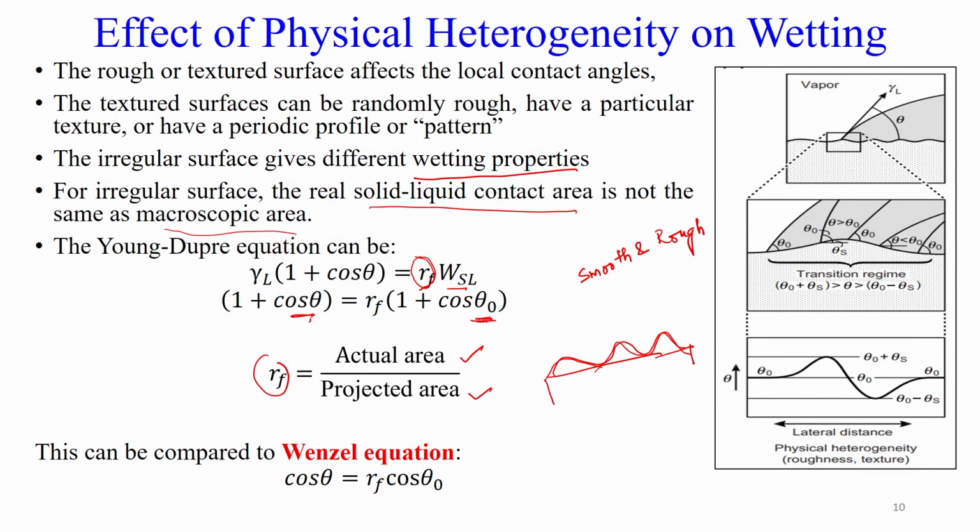If you compare this expression, we end up with cos theta equal to RF cos theta 0. So, cos theta is what you get if you multiply the roughness factor with cos theta 0, and roughness factor is the actual area divided by the projected area, and it is a dimensionless number.